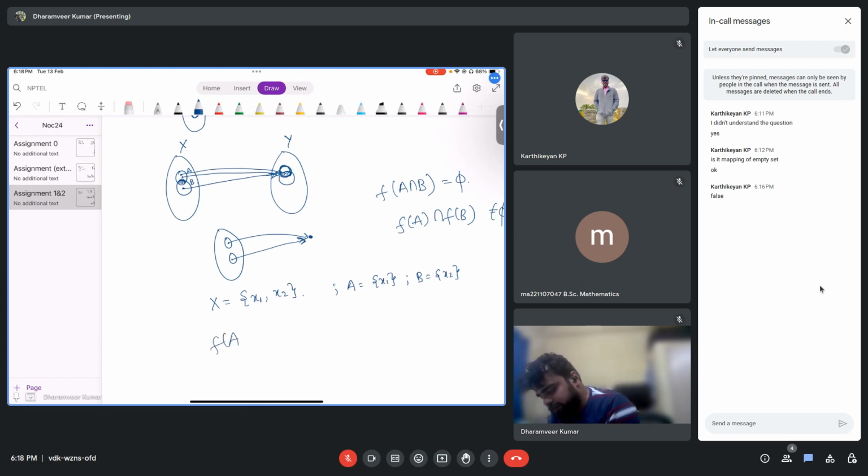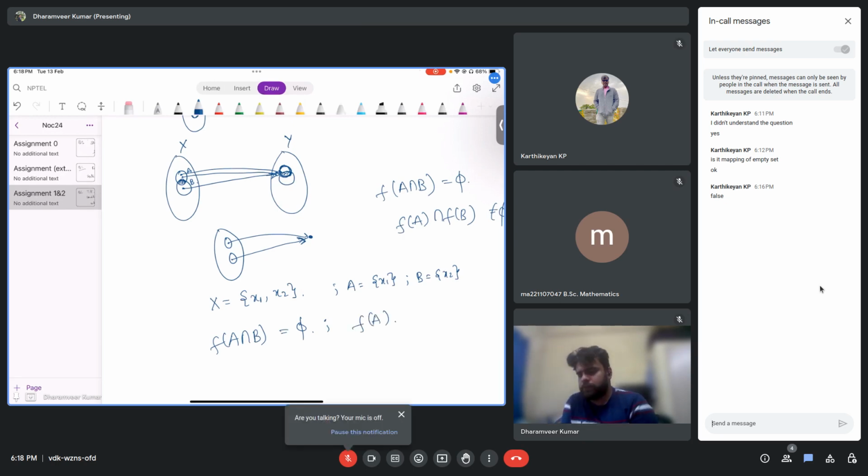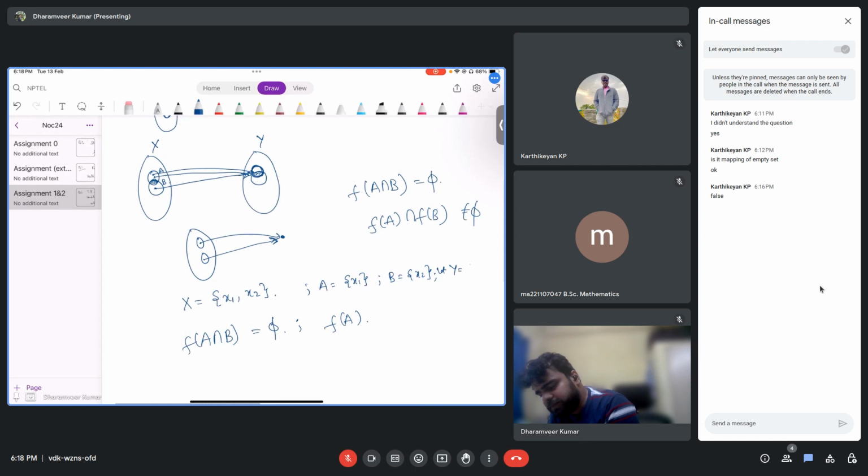So f of A intersection B is phi. f of A will be something, just call it y, a fixed value. So f of A would be just this y set, and f of B would again be just y set. So f of A intersection f of B would be just y set.